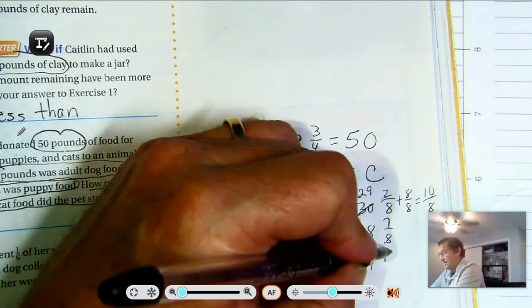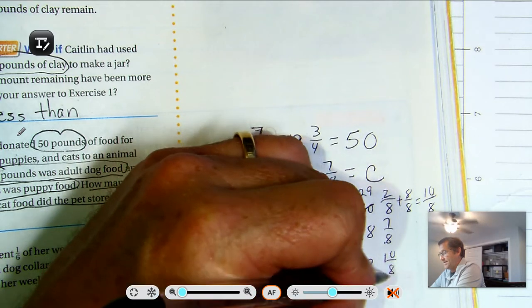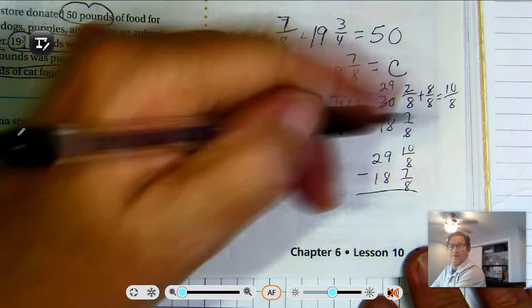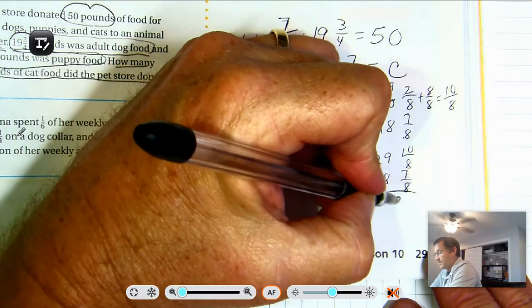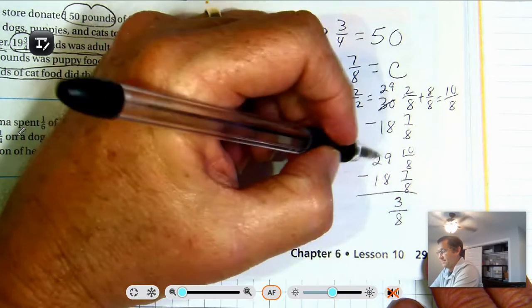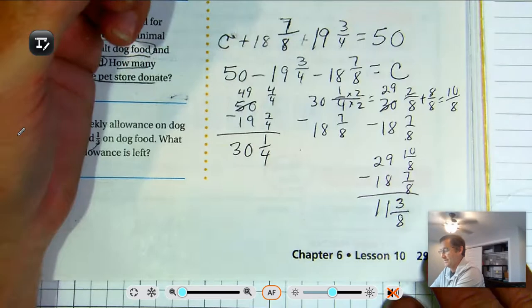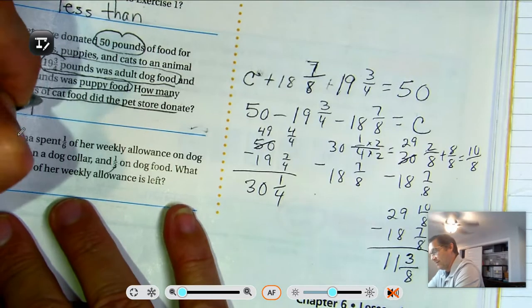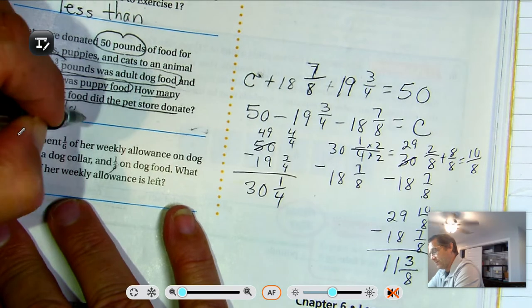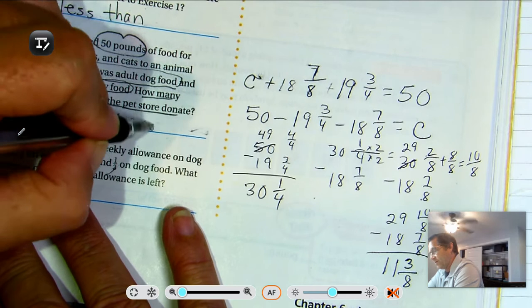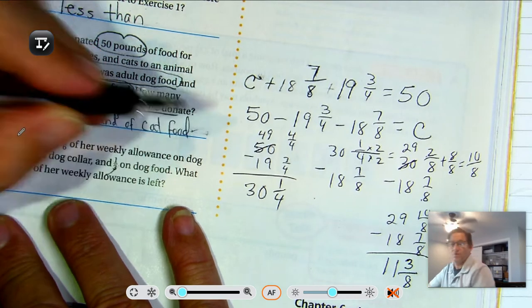So 29 and 10/8 take away 18 and 7/8. 10/8 take away 7/8 is 3/8. 29 take away 18 is 11. So 11 and 3/8 pounds of cat food was donated.